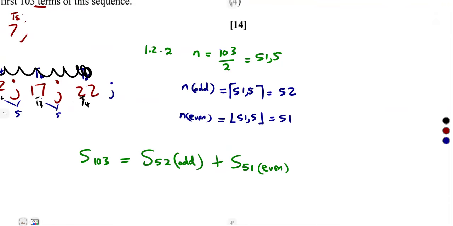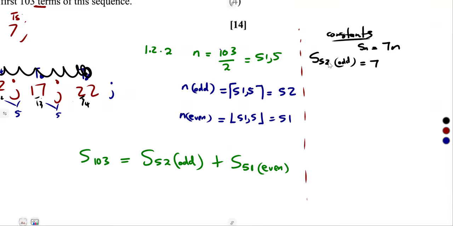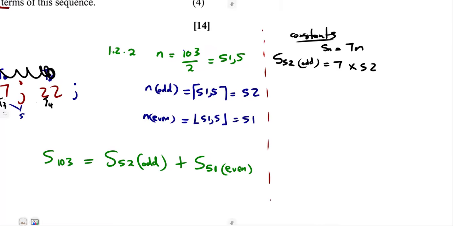Let us just have our sum for the first 52 terms of these odd terms. As we are dealing with constants, it follows that Sn for constants is that constant times the number of terms. So for 52, it is the constant, which is 7, times 52. That gives us the sum of 364.